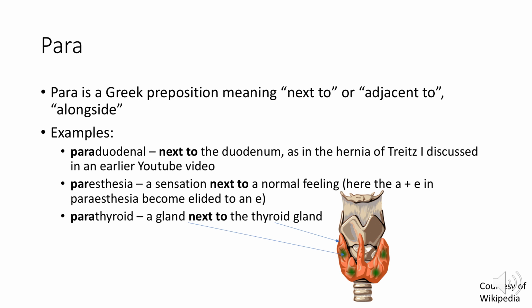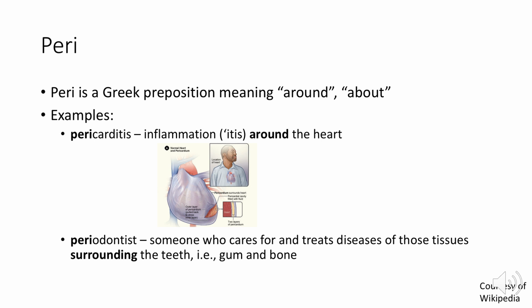Parathyroid is a gland next to the thyroid gland, and you can see in the cartoon from Wikipedia, the green spots are the four parathyroid glands, and the orange is the thyroid gland. Peri is a Greek preposition meaning about, around, surrounding. Examples in anatomy or medicine are pericarditis.